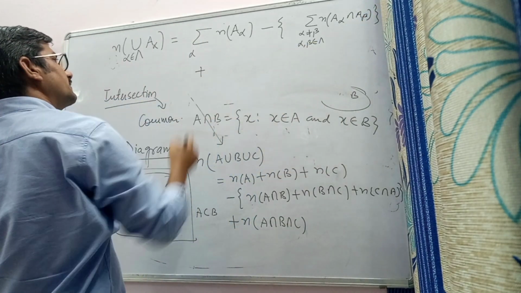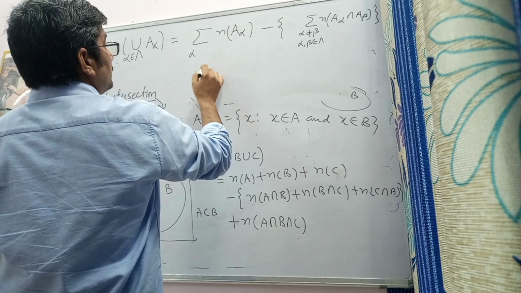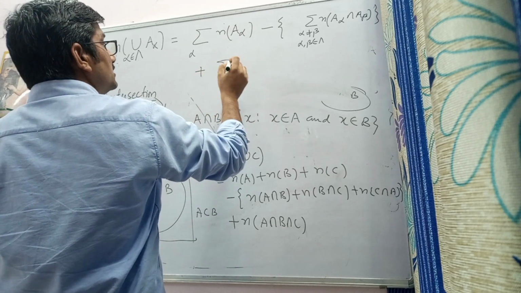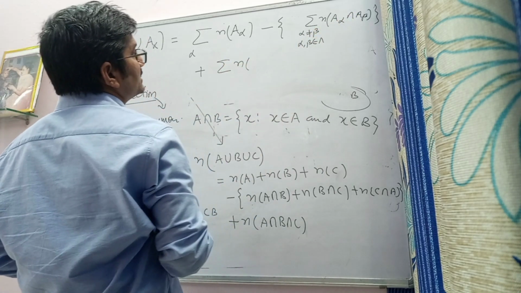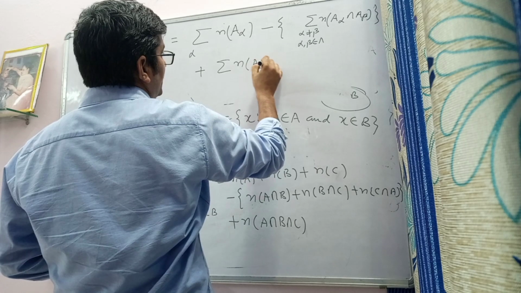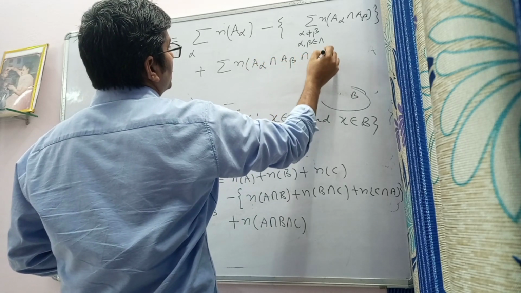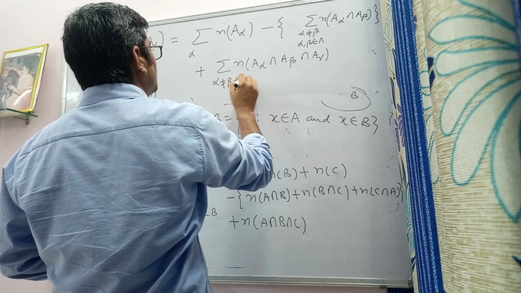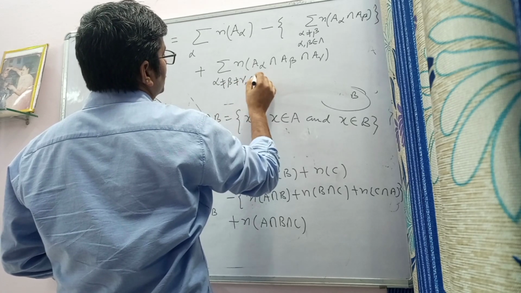Then with a positive sign, the summation of intersections of three sets A alpha, A beta, A gamma, where they are distinct and belong to the index set.